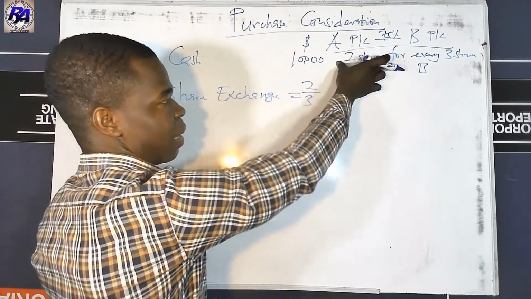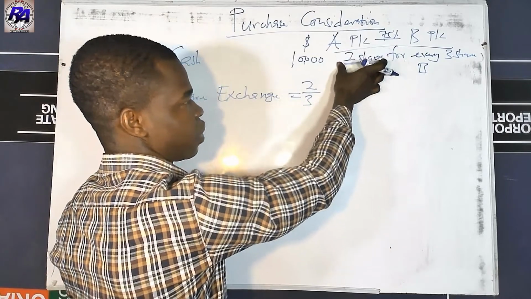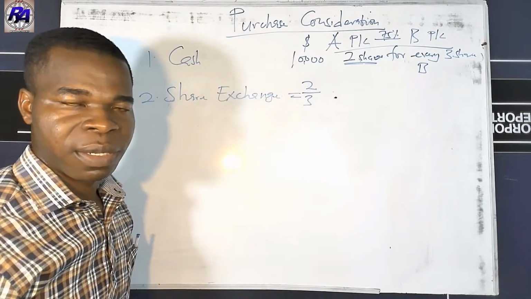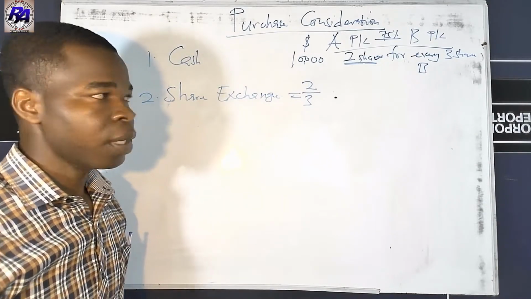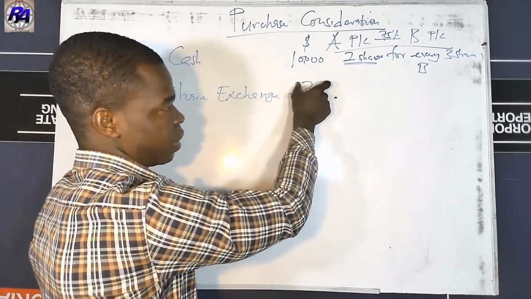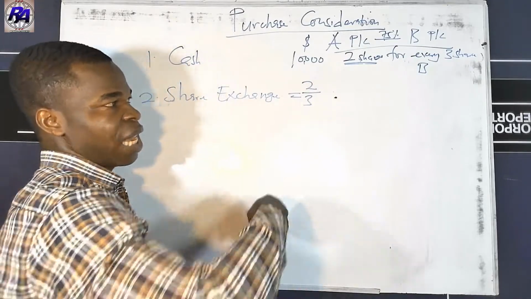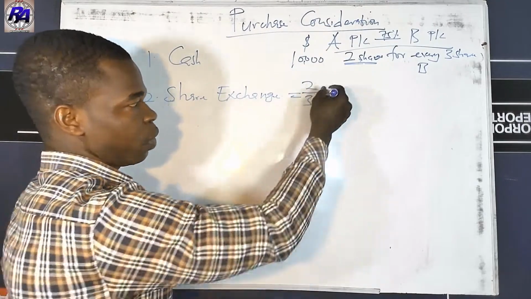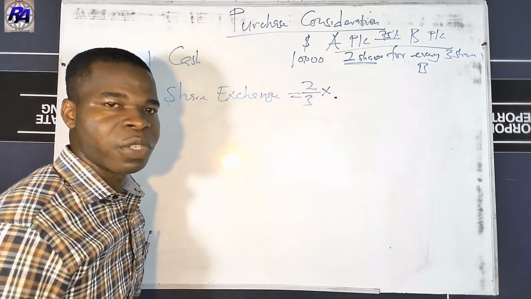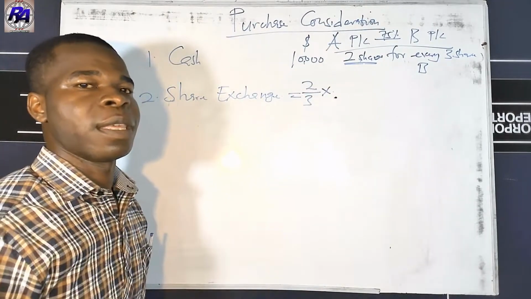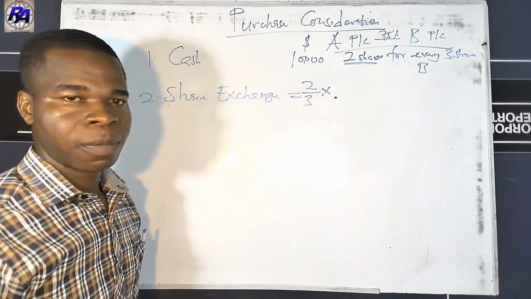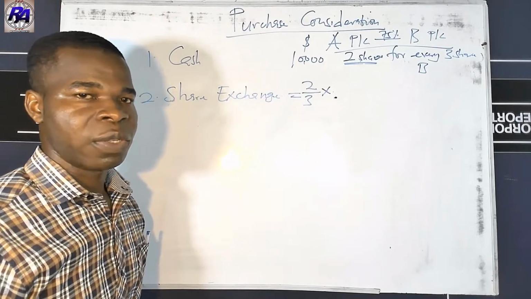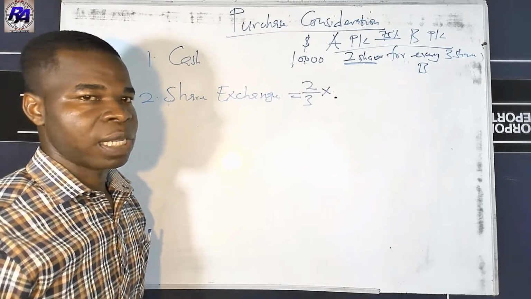That means the parent is issuing a number of shares for another number of shares in the subsidiary. So what the parent is issuing always counts as the numerator, and what they are issuing it for in the subsidiary counts as the denominator. This will multiply by the number of shares acquired by the parent. Always it will be given to you, or they will give you information which you can use to establish that number of shares acquired.